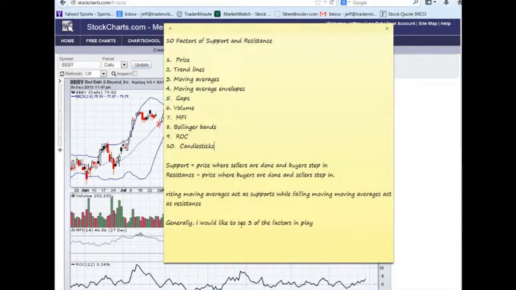But these are the 10 factors of support and resistance that really help to understand where your stock is relative to these levels. What's the biggest problem with playing support and resistance? Why do many traders like to talk support and resistance, but struggle with trading it? It's patience.